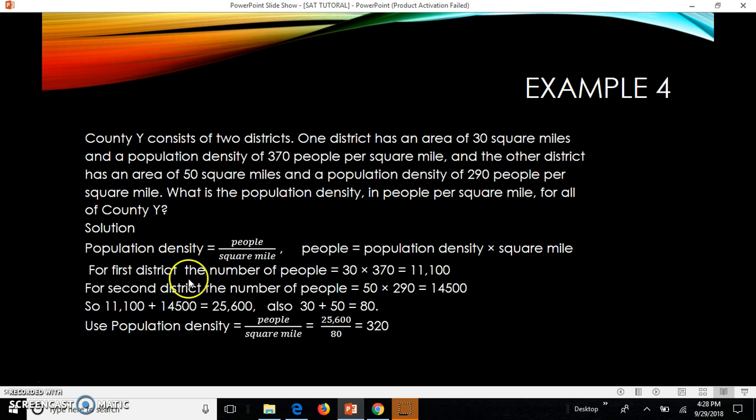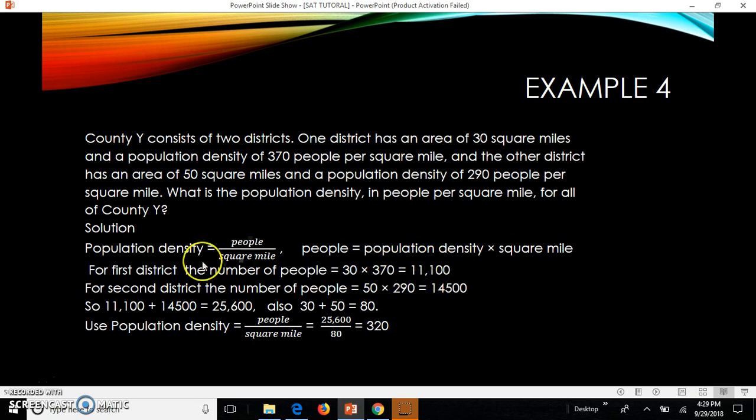So the first district. Since the number of people is population density multiplied by area, the number of people in the first district will be 30, which is the area in square miles, multiplied by the density, 370.